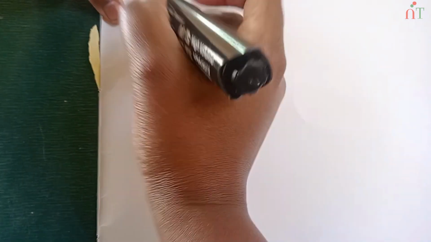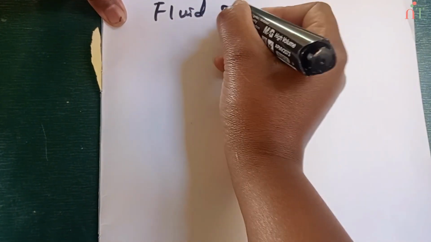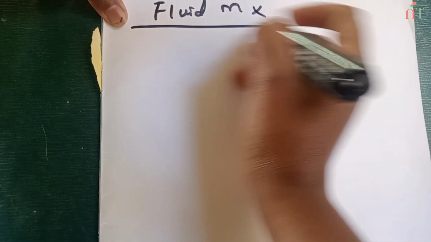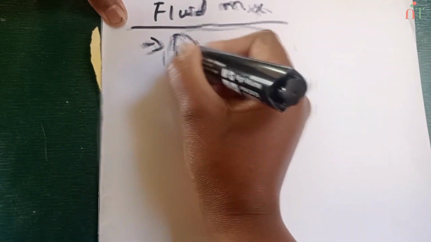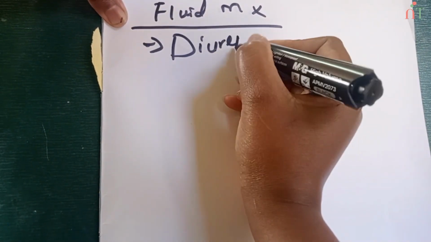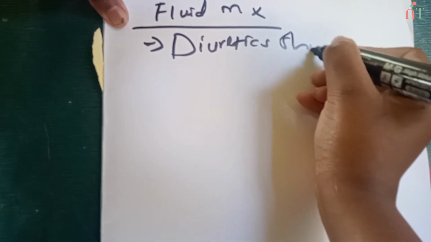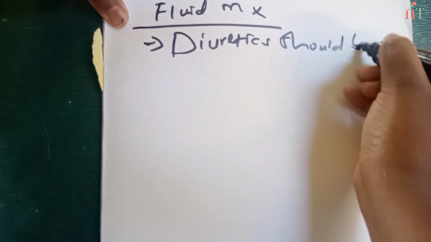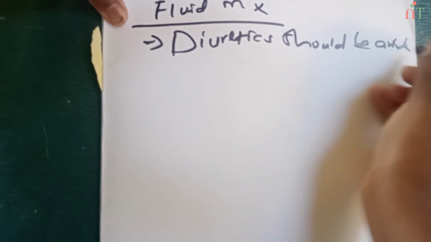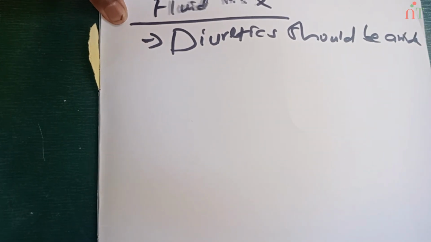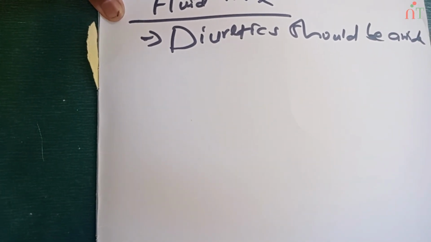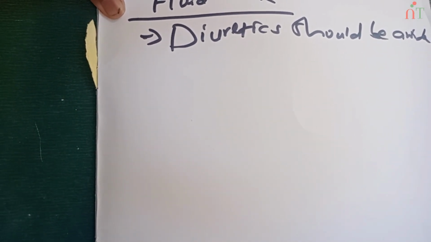And then, when it comes to fluid management, you should know that diuretics should be avoided. Please don't do that, because this can lead to pulmonary edema, and we don't want that.